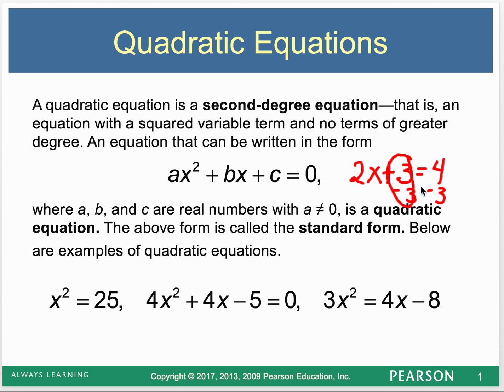So now that's 0, and we wind up with 2x equals 1, and then we undo whatever's being multiplied to the variable. Same thing on both sides, until finally you have the x all by itself on one side of the equal and the numeral on the other side. Okay, so that's the basic steps for solving a linear equation.